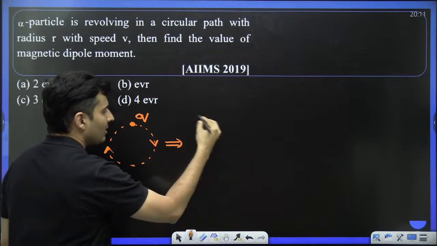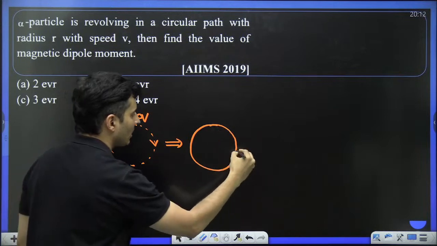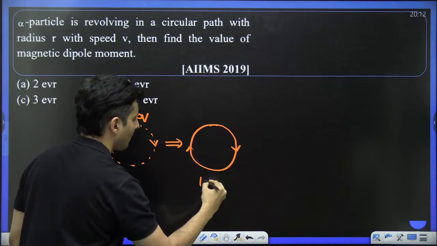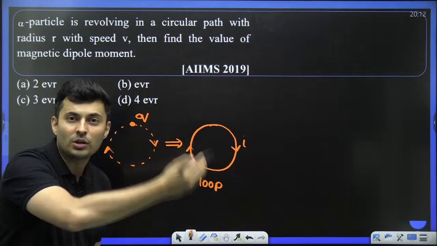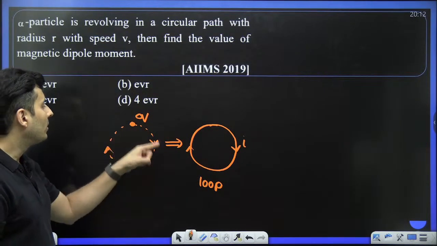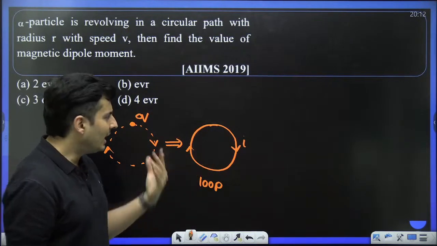Can I say it's as good as saying there is a loop, and there is current in it, because current is nothing but motion of charges? So a charge going in a circular path is nothing but a current carrying loop.